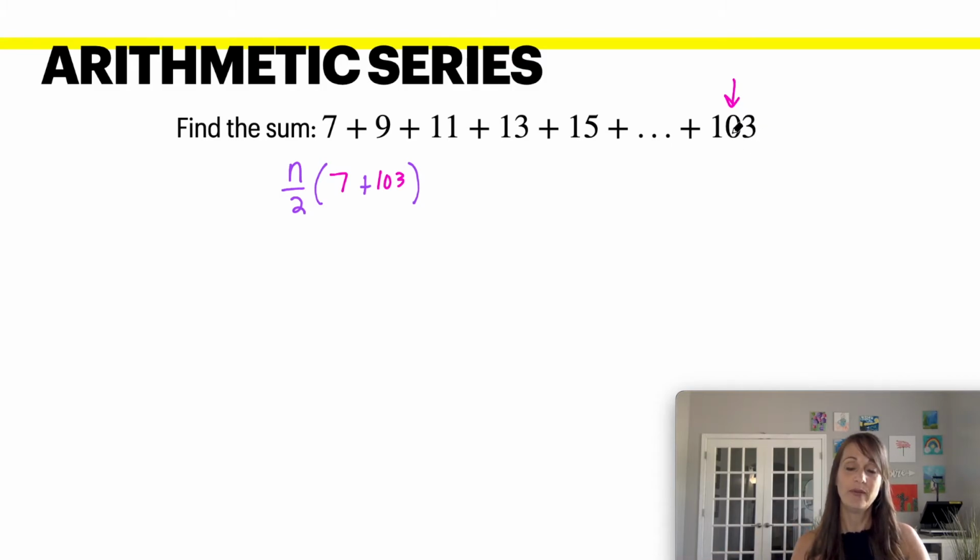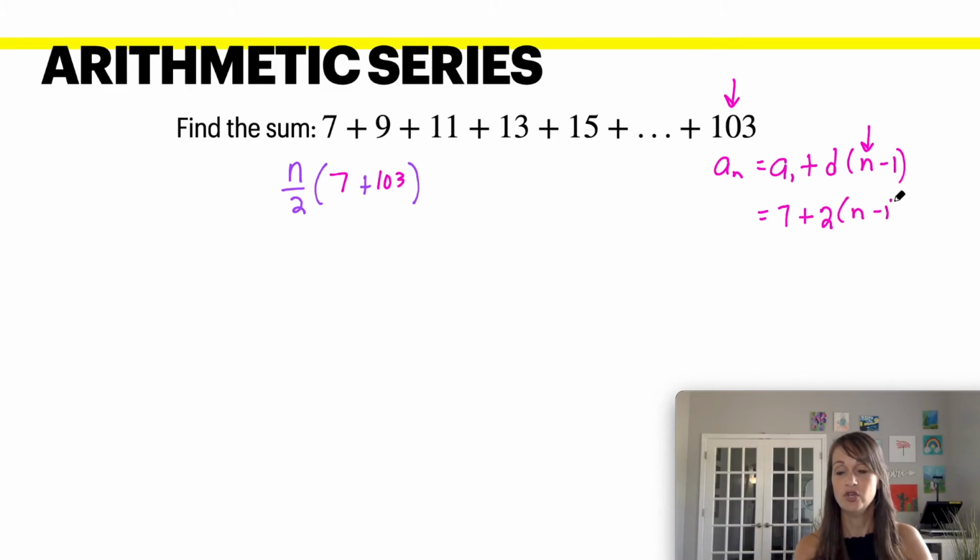So we got to pull back to our arithmetic formula, which is the first term plus d times n minus 1. What we're wanting to know is what value of n got us to 103. We know our first term is 7. We know that the common difference is 2. Why? Because it goes up by 2.